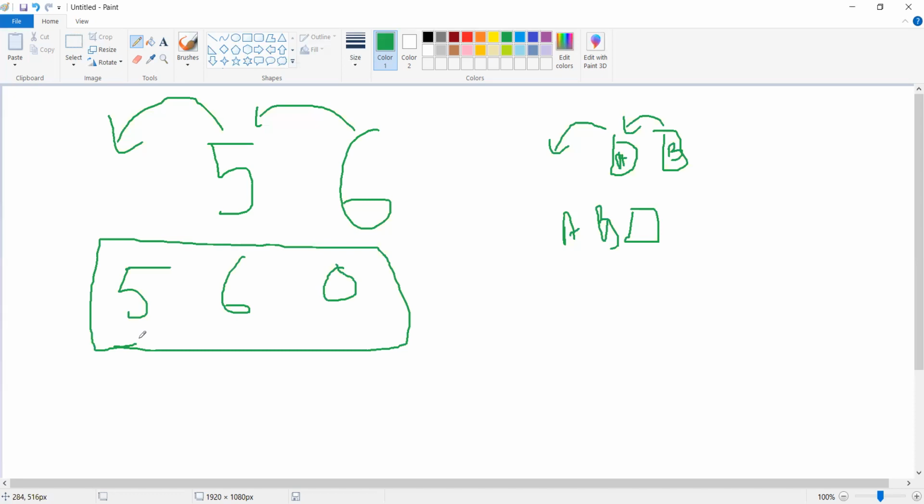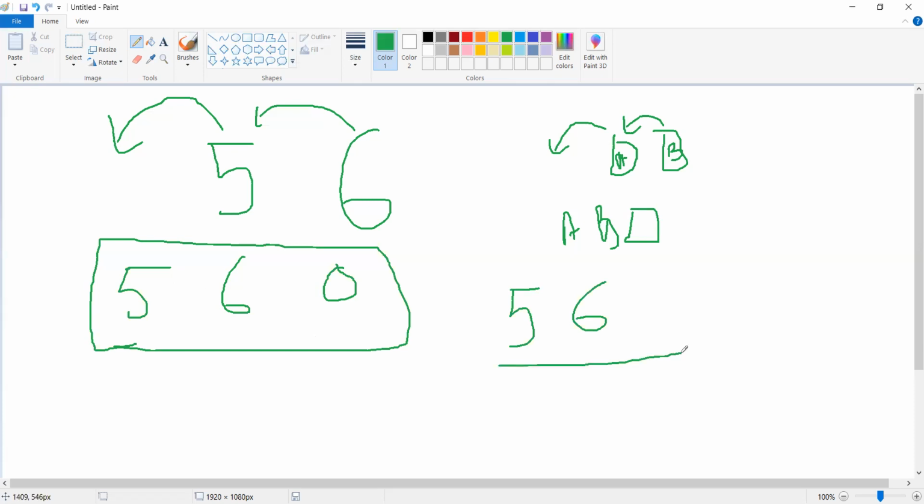Yes? Everyone? Yes, sir. Okay, left shift is towards left. If I shift a number to the left, a 0 is added at the end. Now let's say I take 56 and I say right shift.